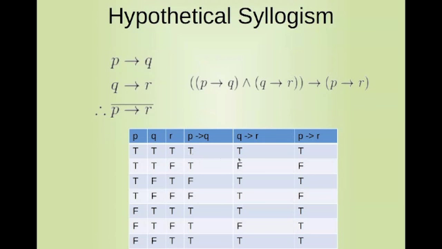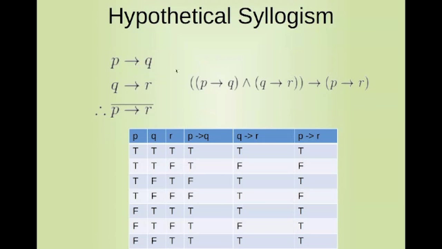So P implies Q is true here, Q implies R is true here, and we can see that P implies R is also true. In every case, here is a case, true, true, true, and these last two rows as well show that if we know that P implies Q is true and Q implies R is also true, P implies R is always true.